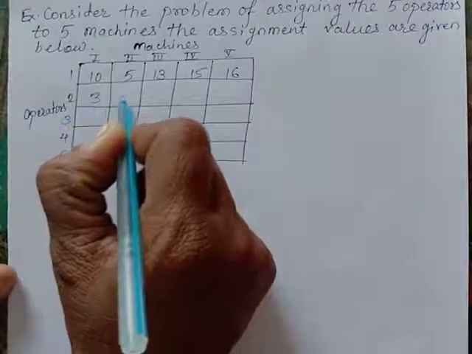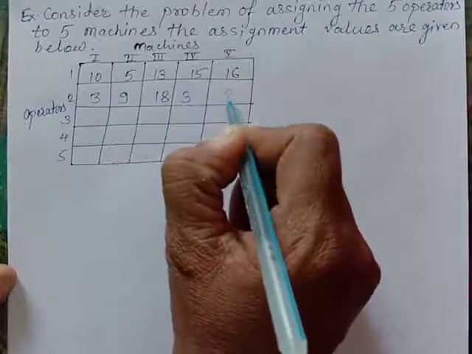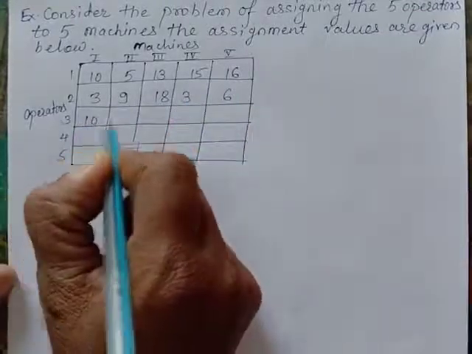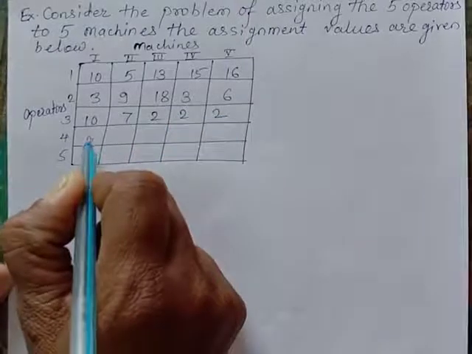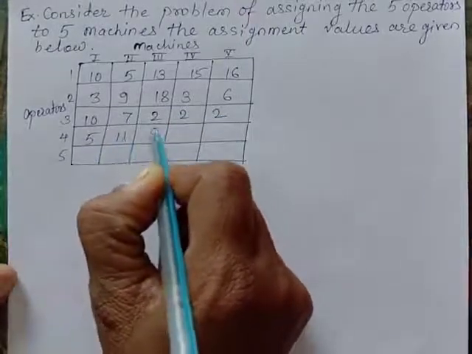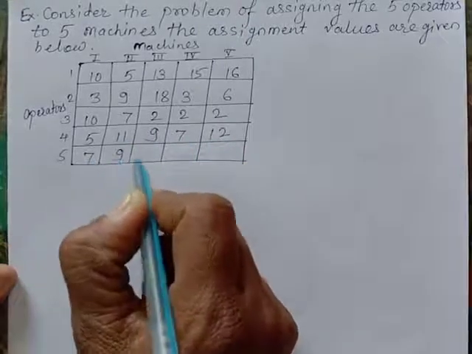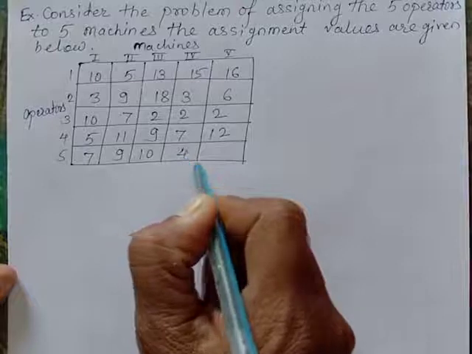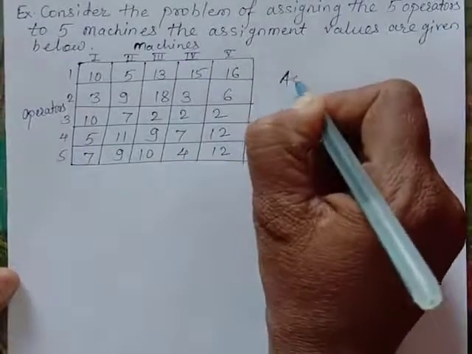Here 3, 9, 18, 3, 6, 10, 7, 2, 2, 2, 5, 11, 9, 7, 12, 7, 9, 10, 4, 12.